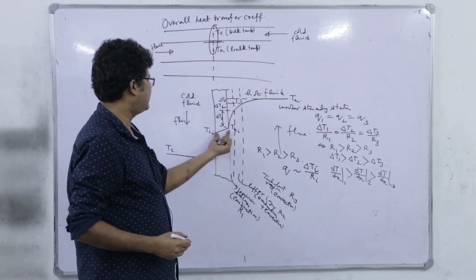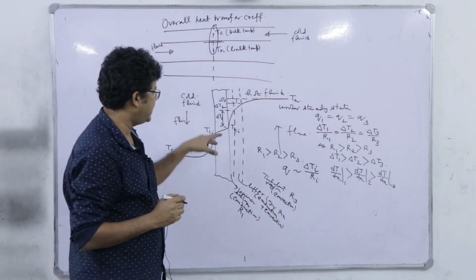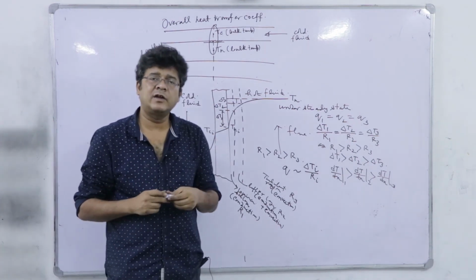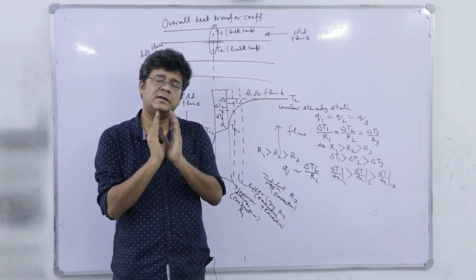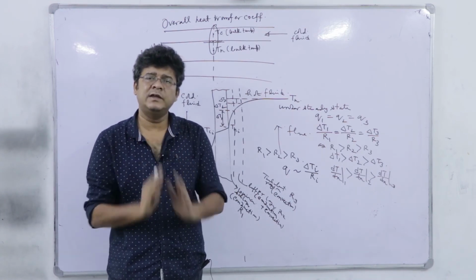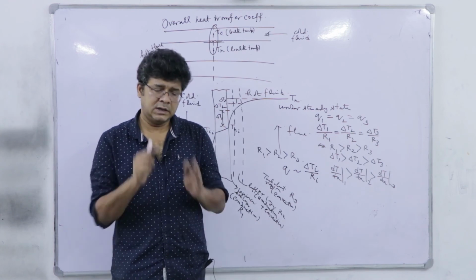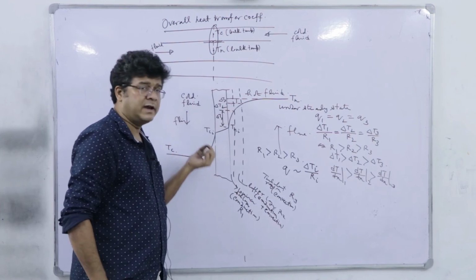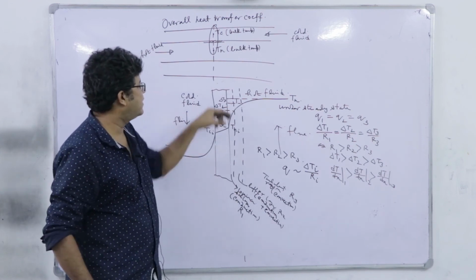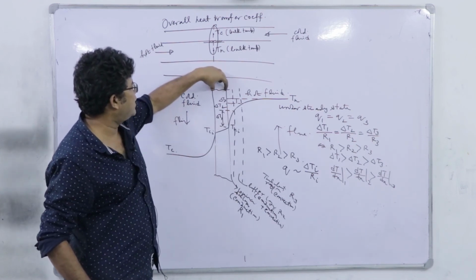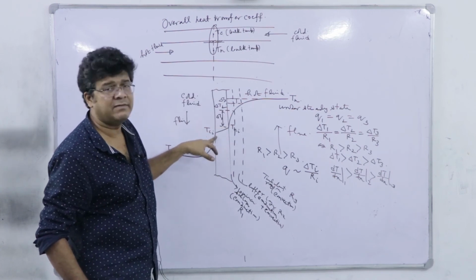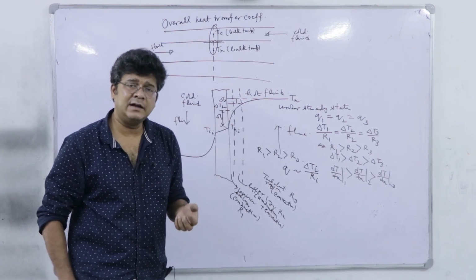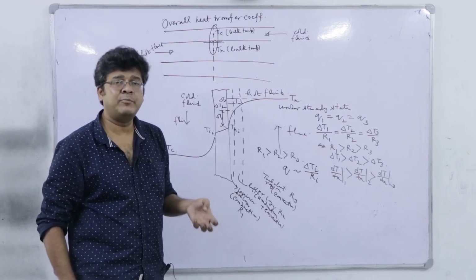Now, actually this is not exactly correct, because it is finally a circular one, and for circular pipe we know that the velocity profile is parabolic, right? The temperature profile is logarithmic, but here we have drawn a straight profile. Basically the idea is, as we are considering a very small thickness, we can tentatively assume the steady state profile of temperature same as that which exists in a slab, right?